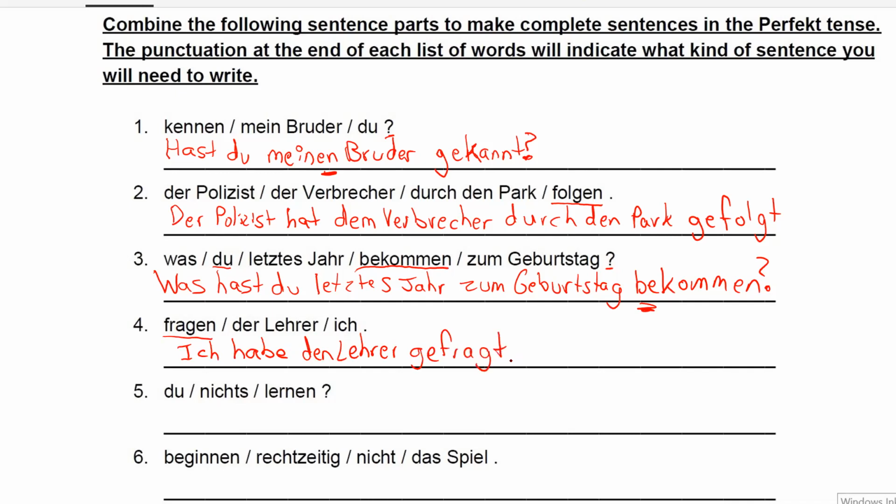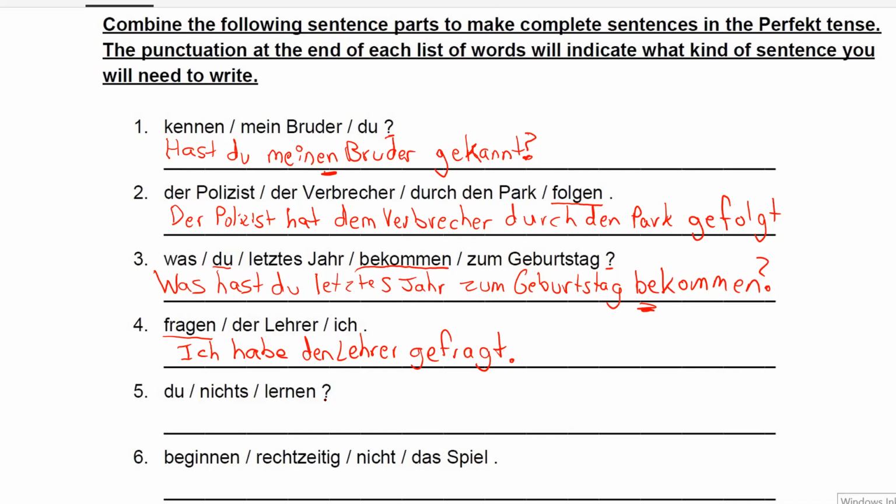Ich habe den Lehrer gefragt. I asked the teacher. You could have, of course, switched this around and say, the teacher asked me, in which case it would be, der Lehrer hat mich gefragt.